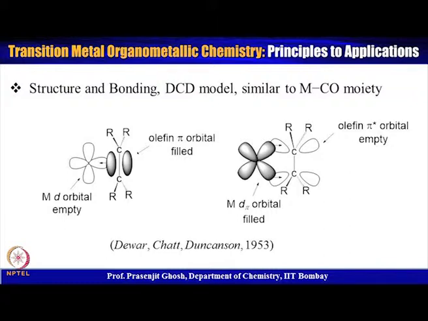Now, there is a historical perspective to this bonding theory in the sense that the first transition metal olefin complex was synthesized way back in 1827 with the report of this ethylene complex of platinum in the form of Zeise's salt, whereas the theory of understanding how an olefin is stabilized by a transition metal came much later, about a century or 120 years later to be more precise, in the 1950s, when Dewar, Chatt and Duncanson proposed this model for olefin binding to transition metal, a model which is similar to that of the transition metal carbonyl interactions, however, the interacting ligand orbitals are different in the case of the olefin as opposed to that of the transition metal carbonyl carbon orbitals.